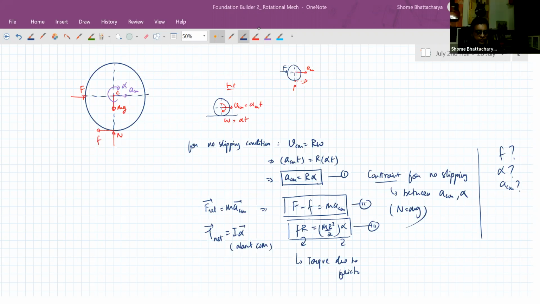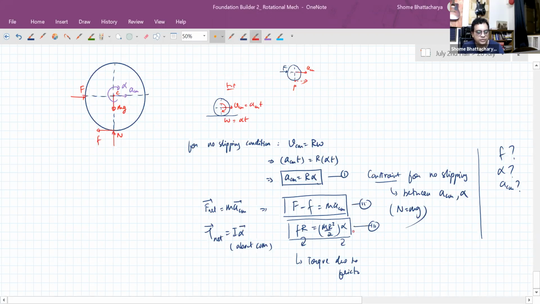Okay, so let's look at the final equation solving part now. To solve these equations, in the third equation that we've written, we substitute alpha as A by R. And then we can cancel off one R here and one R here.